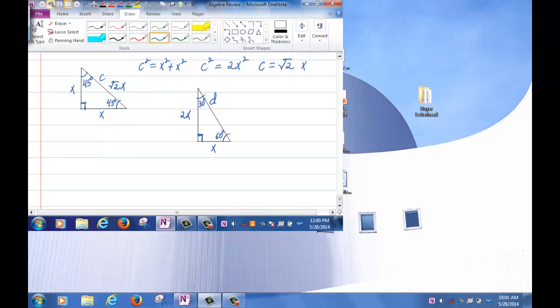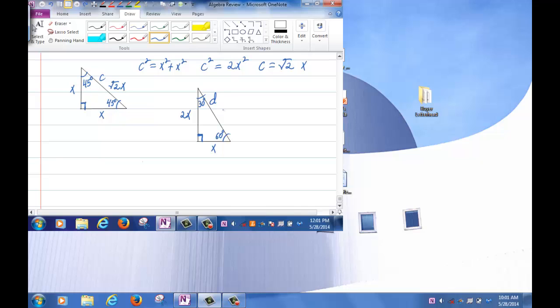let's see, sine 60 would be half. Sine 60 is half, so this side, if this is 1, this would be 2x.